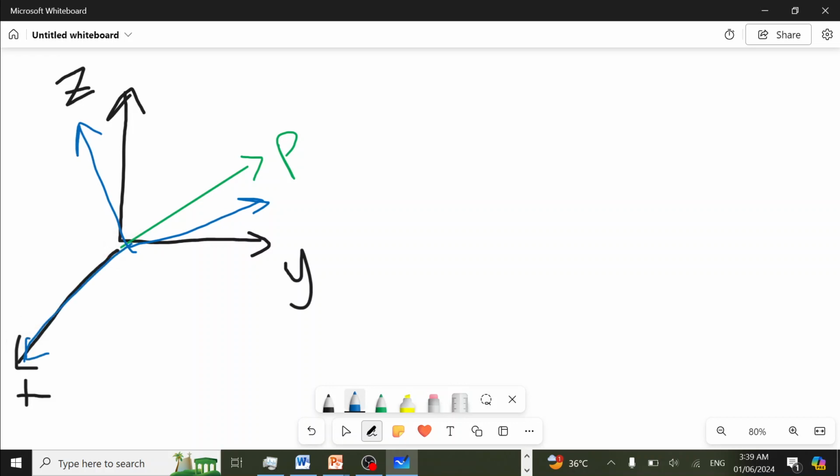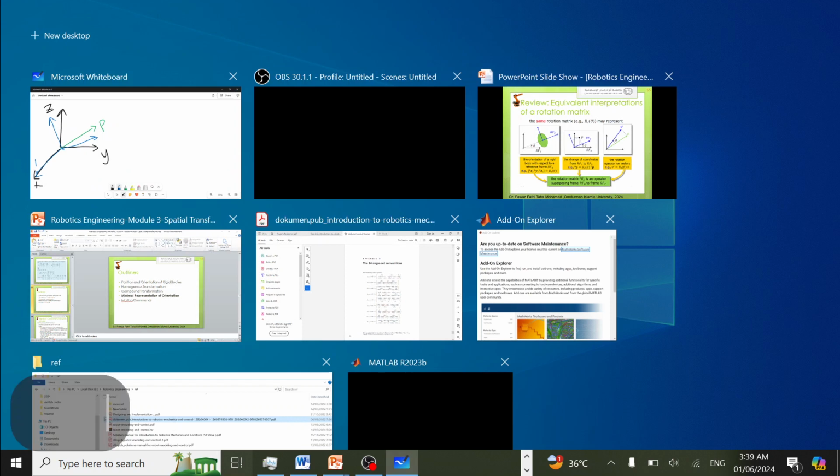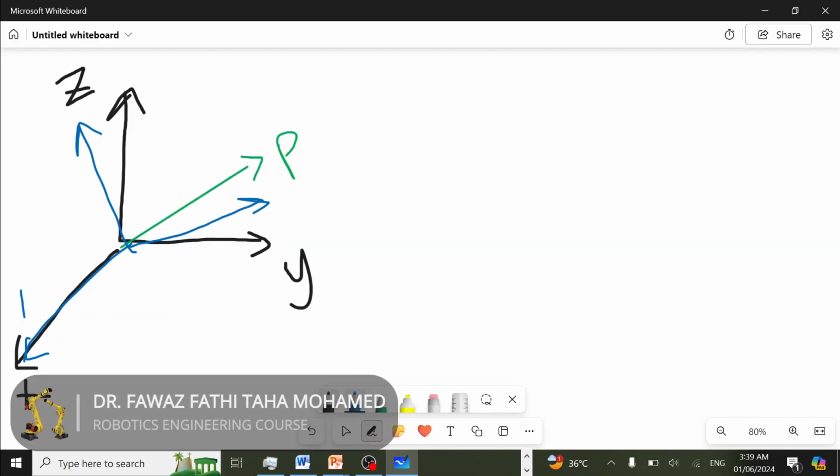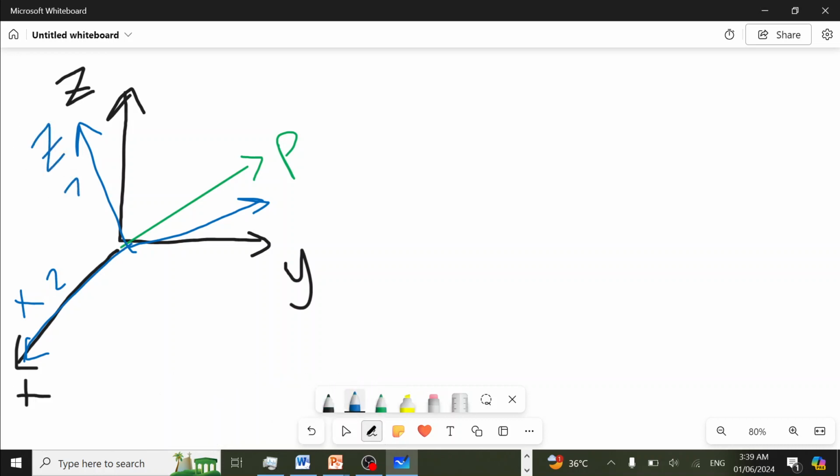For example, we call this x2, we have z2, we have y2, and call this y1, x1, z1.